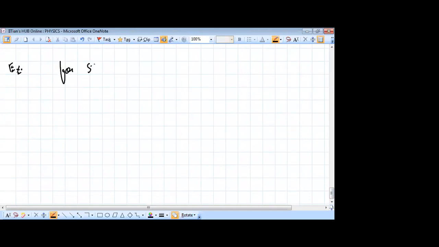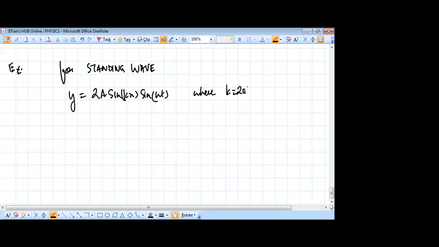For the standing wave given by the equation y is equal to 2 sin kx sin omega t, where k is equal to 2 pi by lambda and omega is equal to 2 pi f.